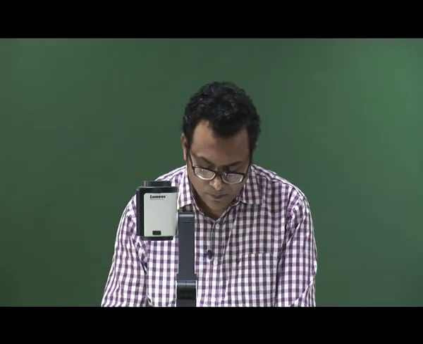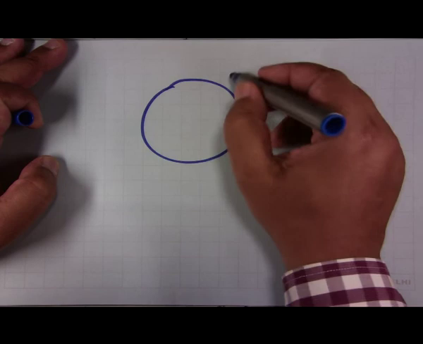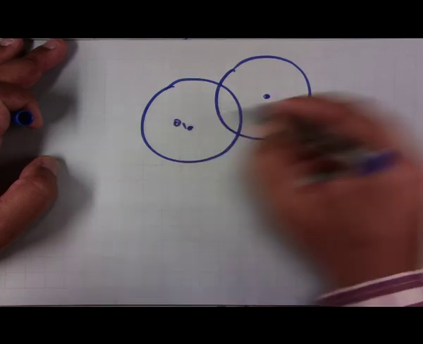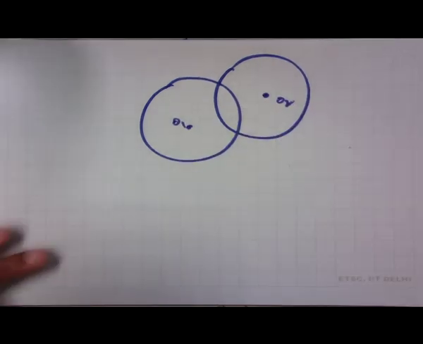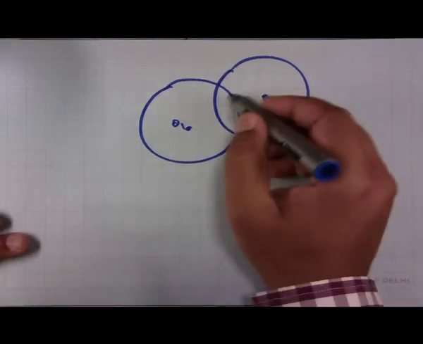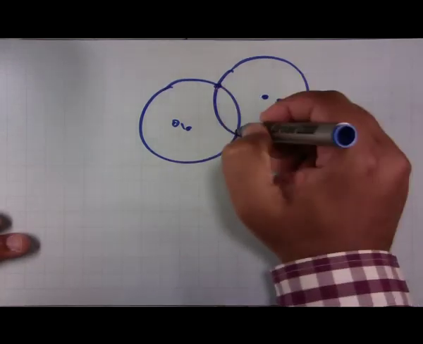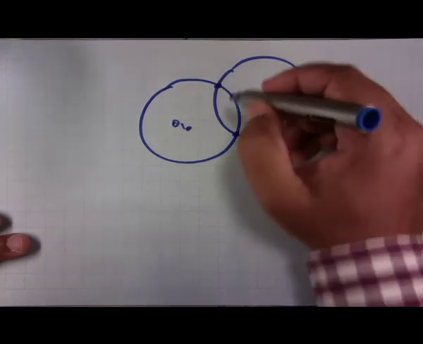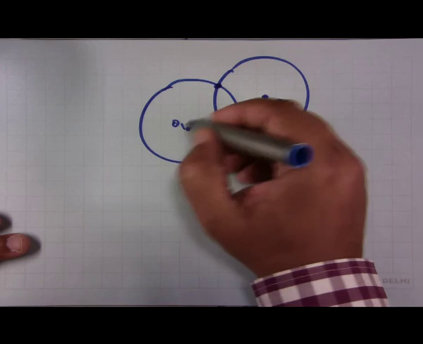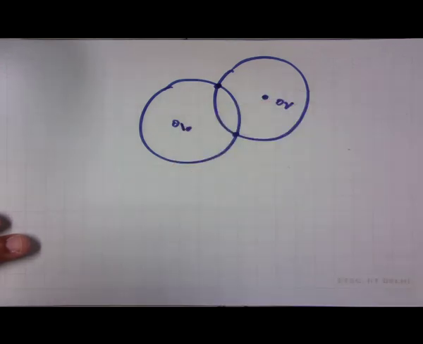It is also not very difficult to see that if two circles were to intersect each other, then we have already seen the equation of the common chord. We saw that in the last lecture, or maybe the lecture before that.